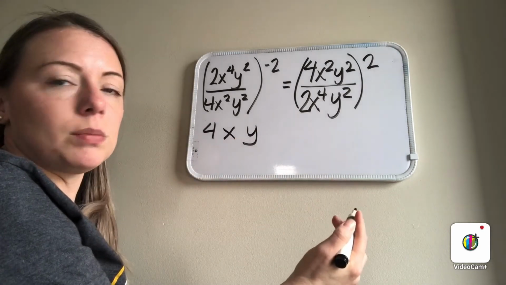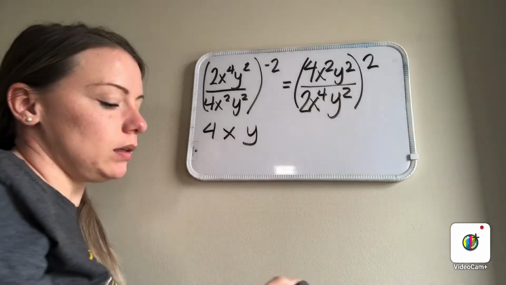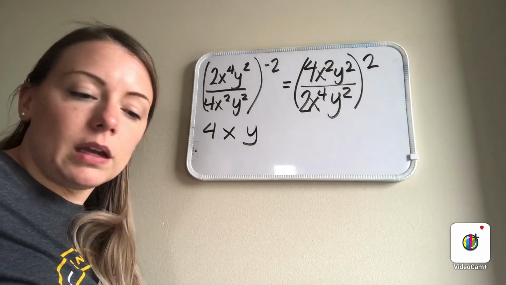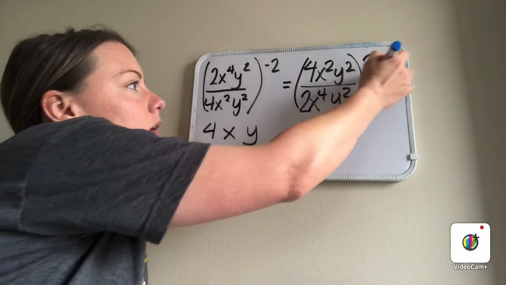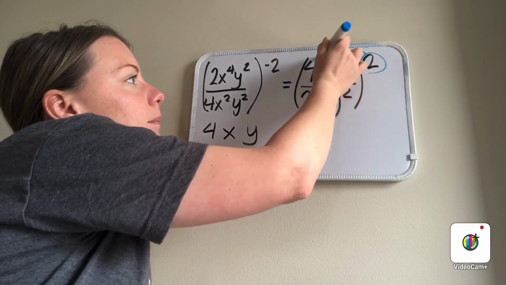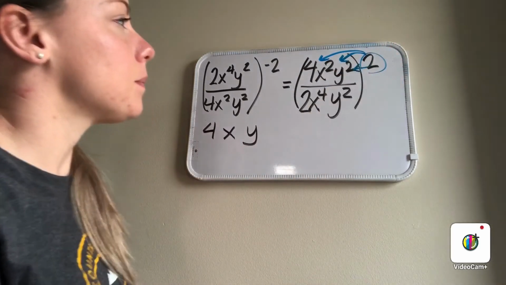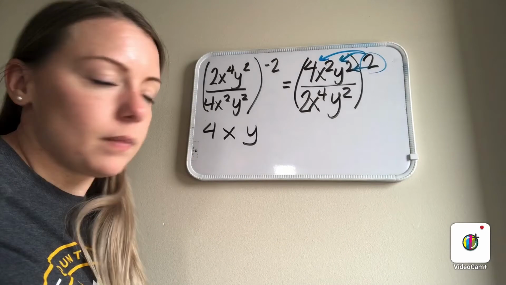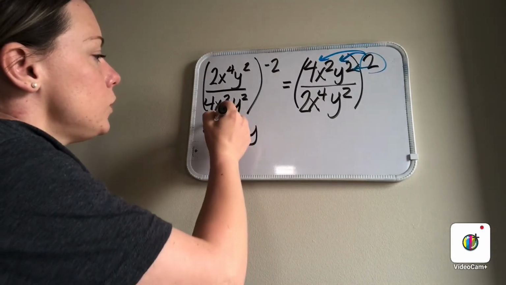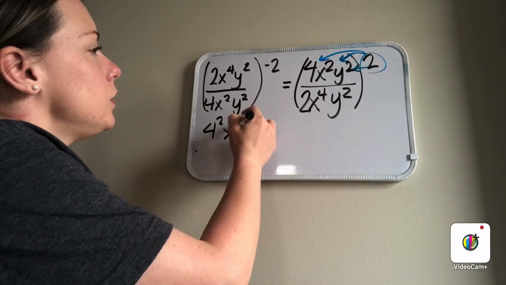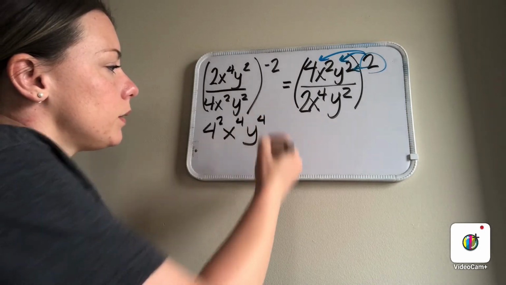Then I'm going to distribute that outside exponent to all of the inner exponents. Right, so I would have 4 squared, x to the 4th, and y to the 4th.